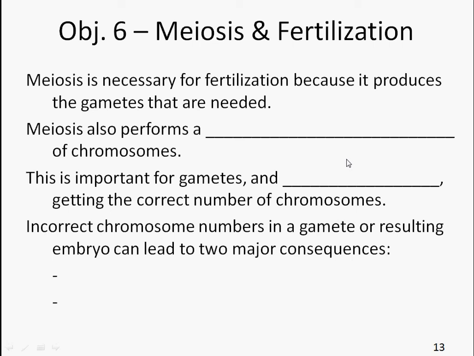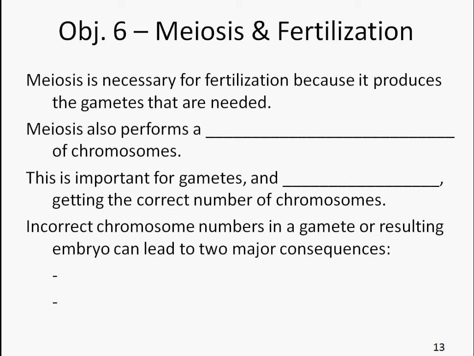So it's called a reduction division. And this will kind of help you remember the 2 parts of meiosis, 1 and 2. So this reduction division is super important for gametes, and embryos, which will result from those gametes. So fill in this word right here, embryos, E-M-B-R-Y-O-S. Getting the correct number of chromosomes. In other words, we have 46 chromosomes, 23 pairs.